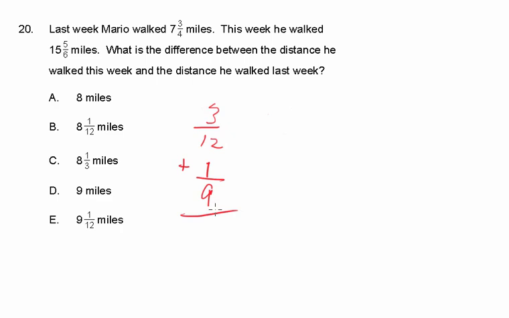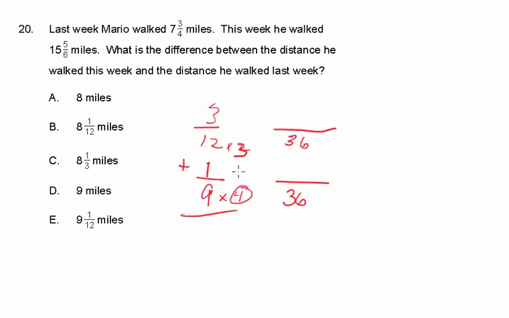If I take the 12, my largest denominator, and multiply it by 2, I get 24. I can't multiply anything by 9 to get 24. So what about 3? 12 times 3 is 36, right? Can I multiply anything by 9 to get 36? Turns out I can multiply by 4, so I get 36, and here I have 36.